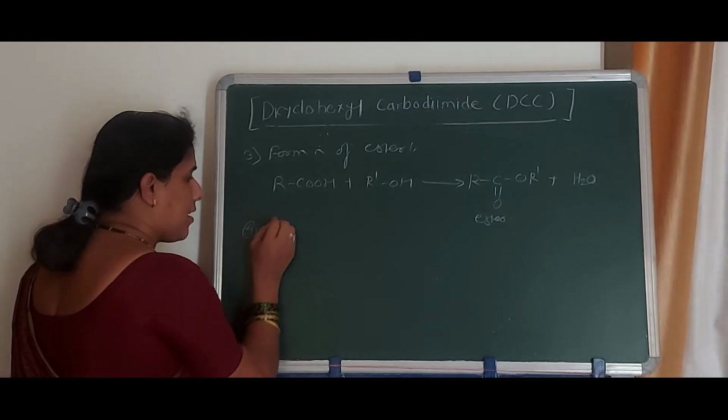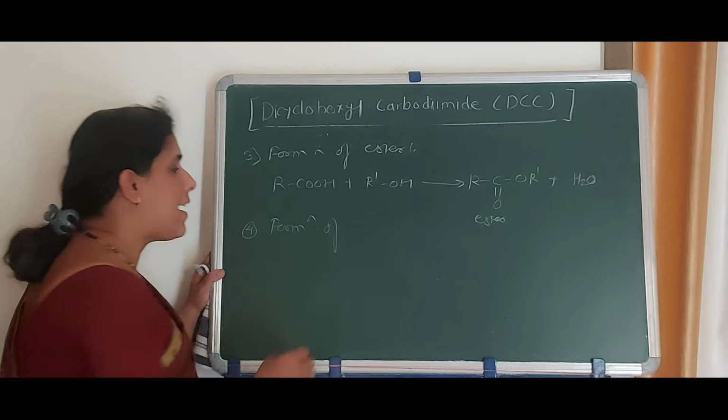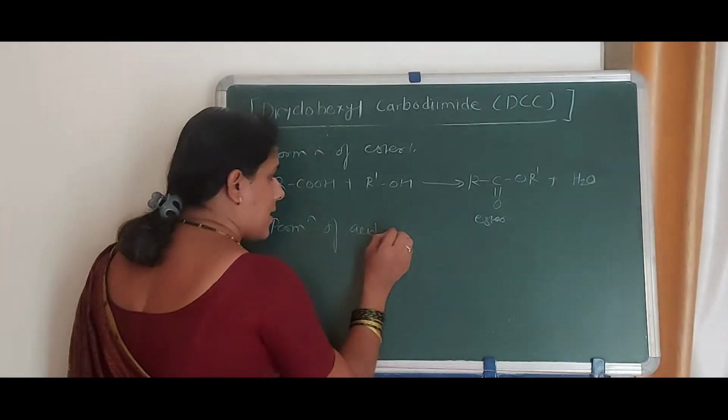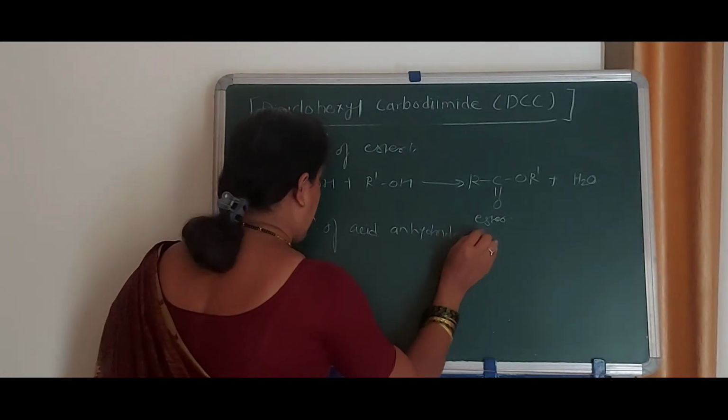The fourth point is formation of acid anhydrides.